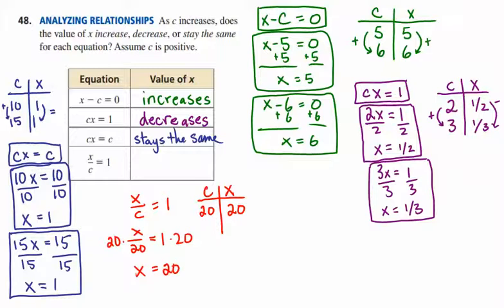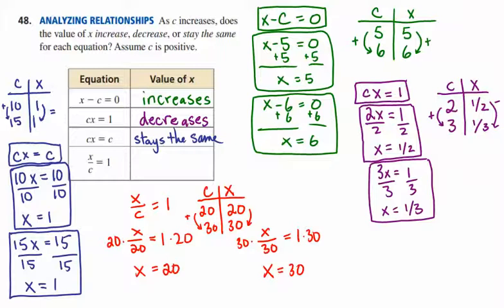Okay, so we need to pick another value. Let's let c be 30 this time. So we plug that back into our original equation, which would then be x over 30 is equal to 1. Multiply both sides by 30, and we get x is equal to 30. So the question then is, as c went up from 20 to 30, did x go up, go down, or stay the same?